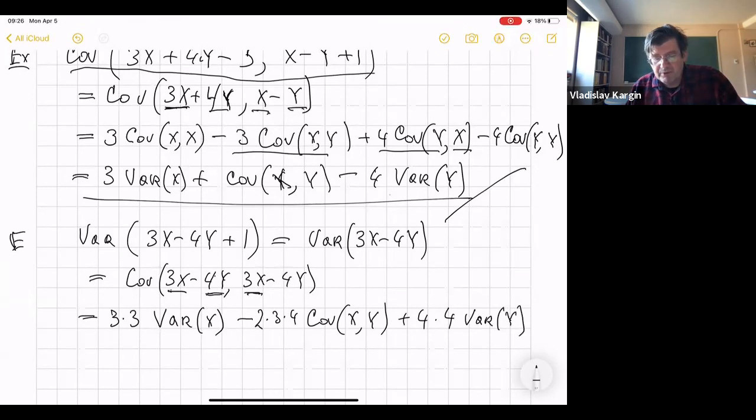Again, I skipped a step here, so we can repeat it without skipping. That will be 3 times 3 covariance of x and x, minus 3 times 4 covariance of xy, minus 4 times 3 covariance of xy, and plus 4 times 4 covariance of yy.